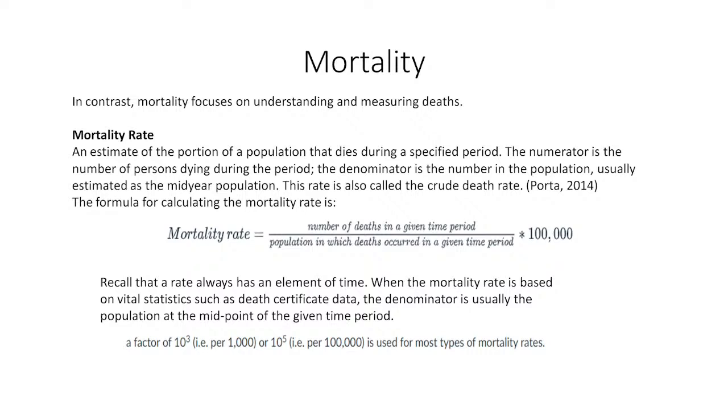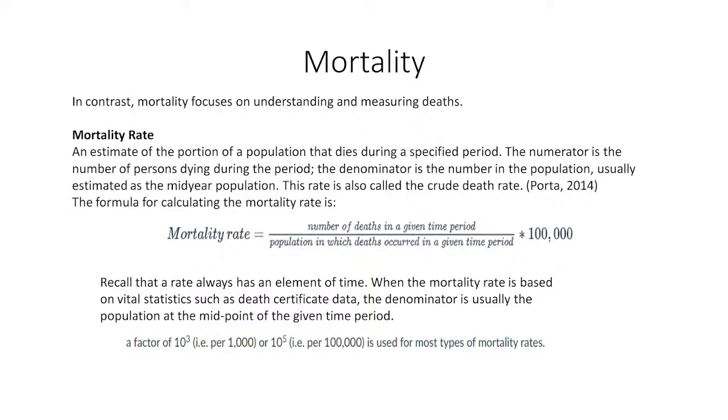Mortality rate: an estimate of the proportion of a population that dies during a specified period. The numerator is the number of persons dying during the period. The denominator is the number in the population, usually estimated as the mid-year population. This rate is also called the crude death rate.